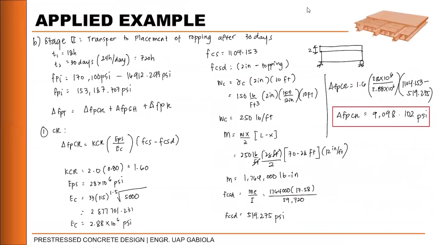Okay? And then yung sa topping natin, tingnan natin dito, ano yung na-calculate natin, FCSD. Ayan. So, ito yung FCSD natin. 519 sa topping, so this is stress.